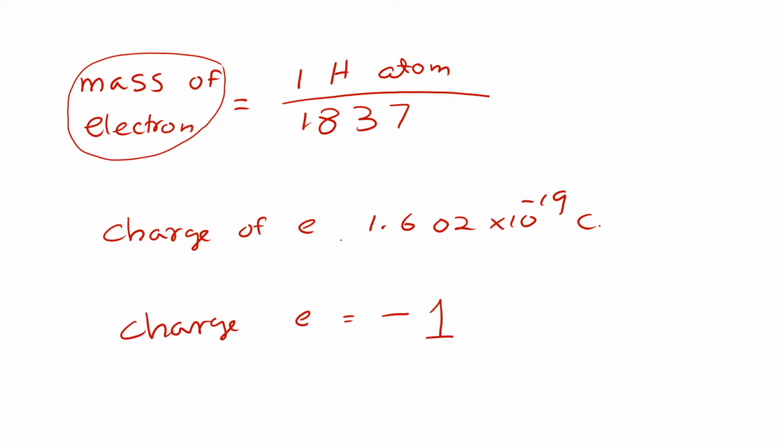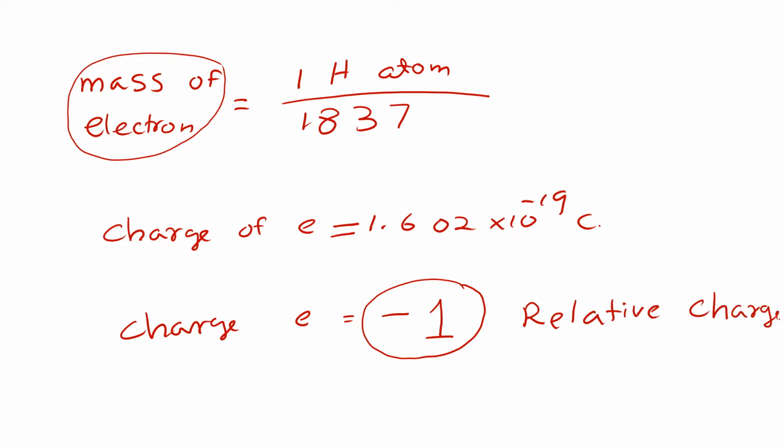If Millikan found the charge of the electron as 1.6 × 10 to the power -19 coulombs, what is this -1? Now these are two different types. This -1 charge is what we call the relative charge. Then what is the other one? This number is what we call the absolute charge.